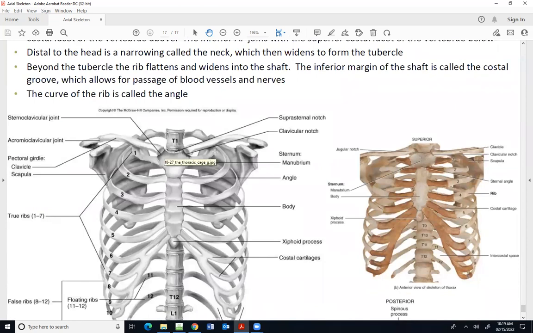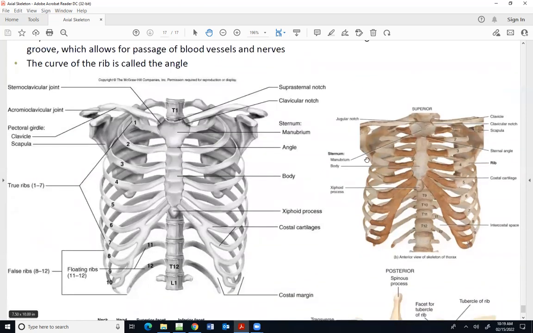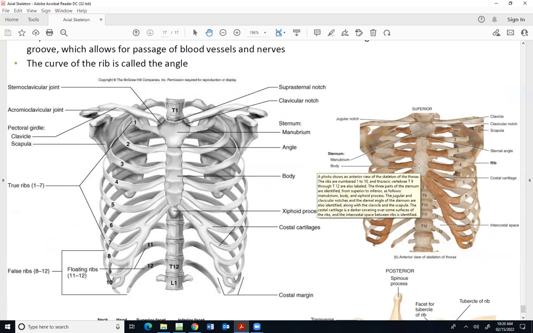Now the difference is, and it's hard to show here, but here's a very nice picture that does show what we see in this brownish orange is what we call costal cartilage. That's the cartilage that connects the rib, which actually ends right here, to the sternum. If it's a true rib, 1 through 7, it has its own costal cartilage connecting to the body.